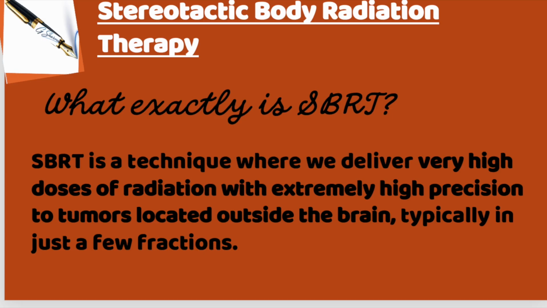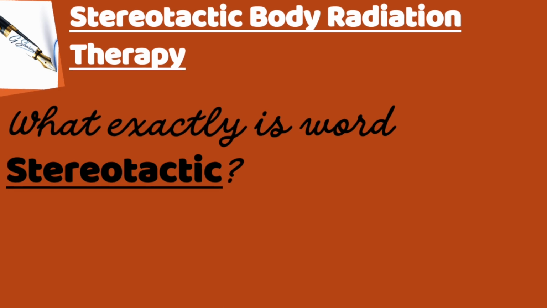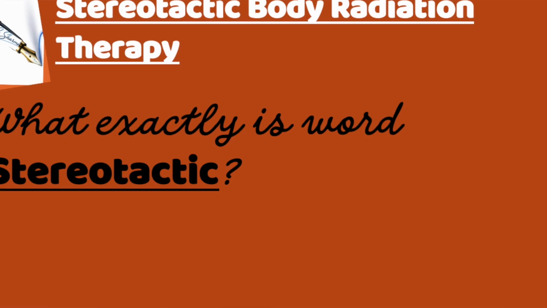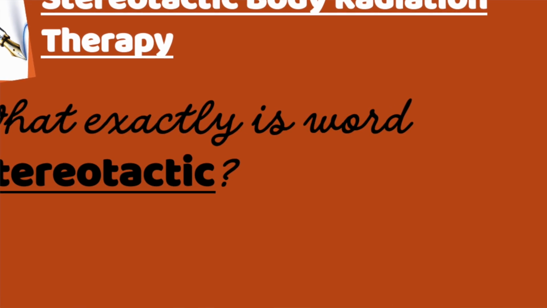Typically we give just a few fractions, 1 to 5, depending on the situation. The word stereotactic refers to the three-dimensional coordinate system I discussed in my previous lecture. Basically we know exactly where the tumor is in this space.